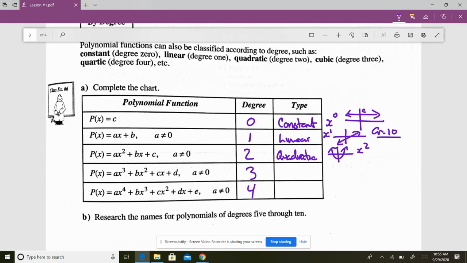Thanks, Matt. And this is what we're going to study in this one. And the fourth one is called a quartic, if you want to get fancy. And then after that, they basically just call them polynomials. Even after 3, they just say polynomial. You know what poly means? It means many.